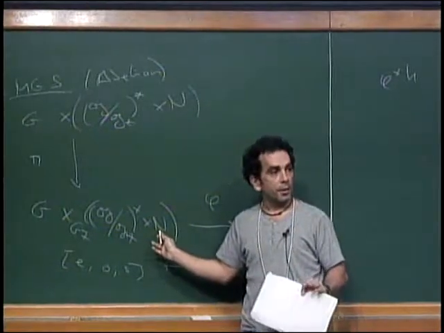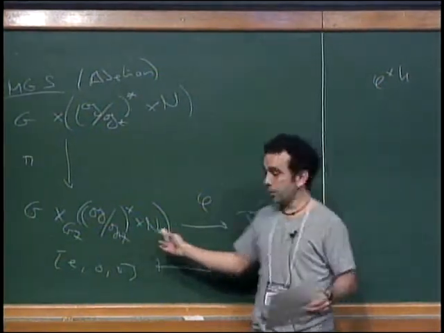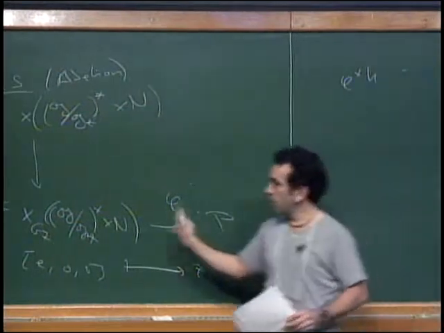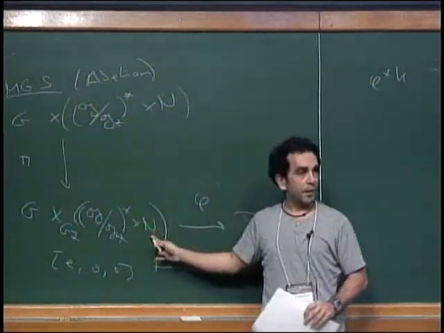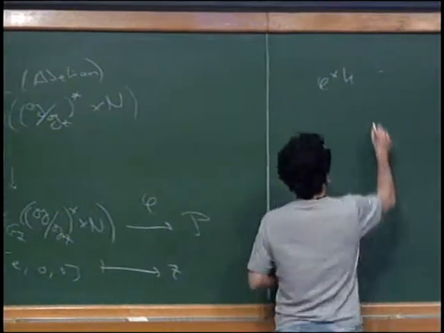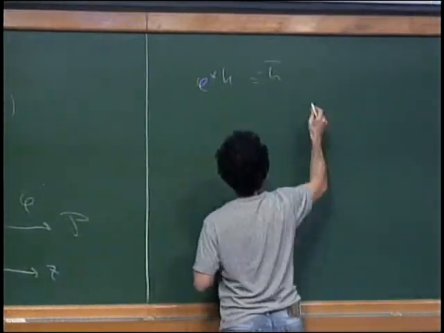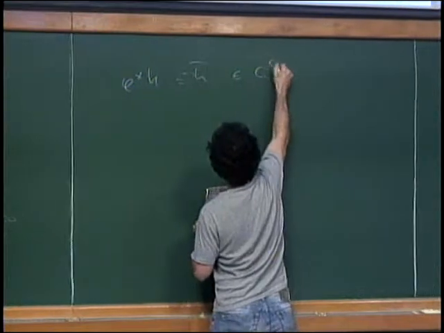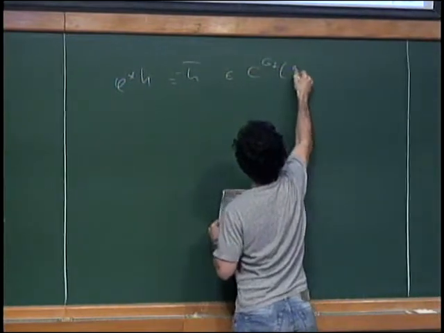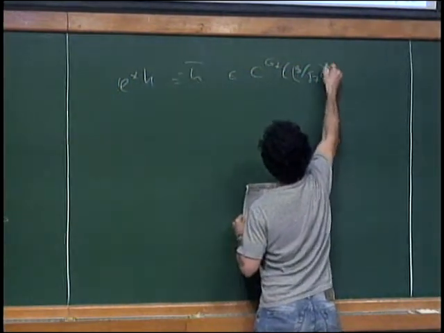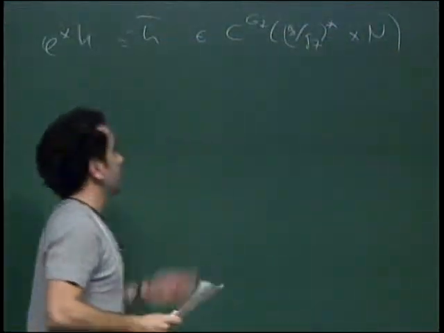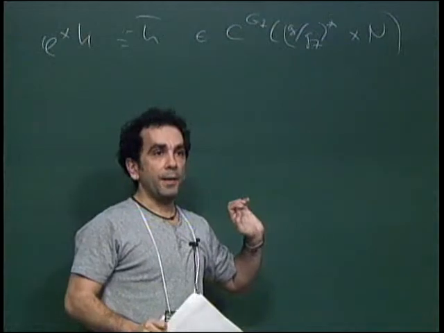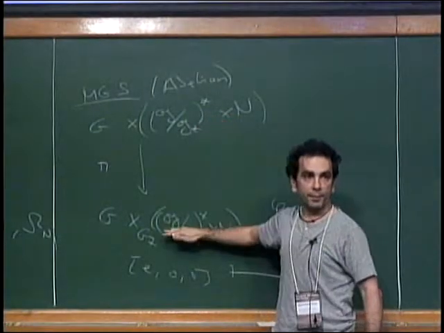But this function is going to be G invariant, because the original function here is. So it will no longer depend on G. It will depend only on this factor and this factor. So this is going to be a function that I call H bar, which belongs to this product. It's a function on this product, and it's GZ invariant. Why? Because it's coming from descending this function from here to here.